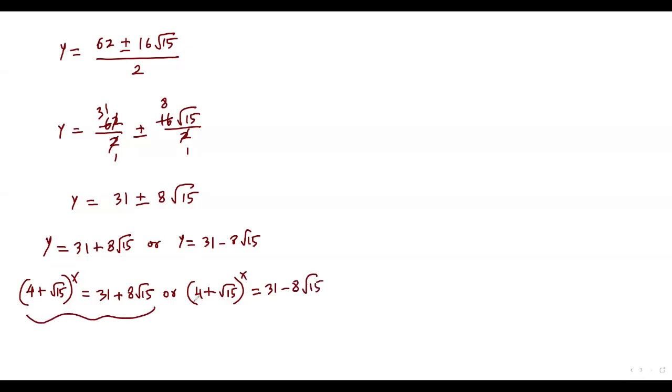Okay, now here we have two equations. In these two equations, we have to solve for x. Let me take the first equation over here. I'm going to solve for x in the first equation. That is 4 positive square root of 15 whole to the x power equals 31 positive 8 times square root of 15.